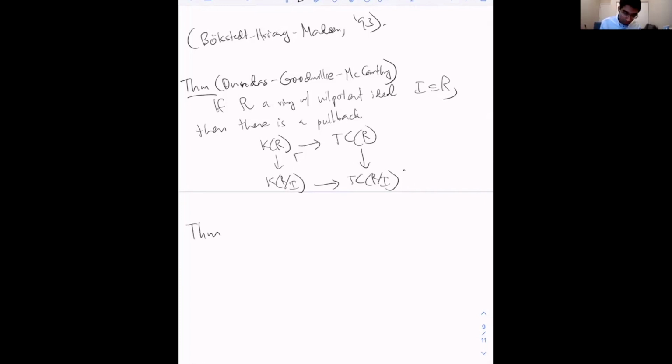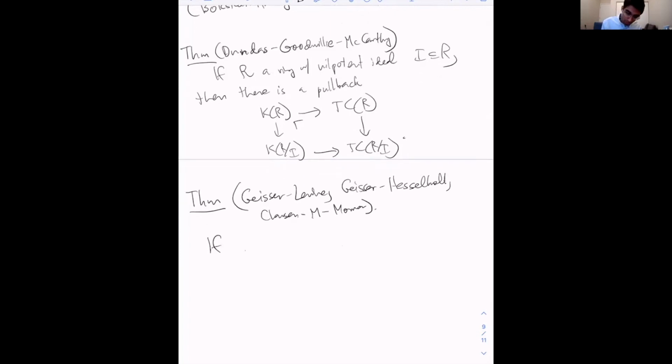Right. So I guess let me state this theorem. This is due to Geisser, Levine, Geisser, Hesselholt, and Clausen, myself, and Morrow. Right, and so it states the following. If R is a p-adically complete ring, then one can describe the relationship between K-theory and TC in the following fashion.